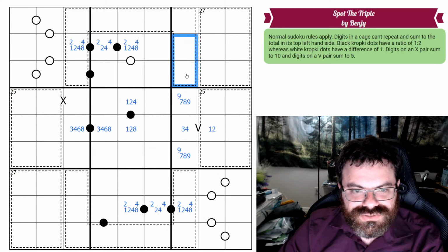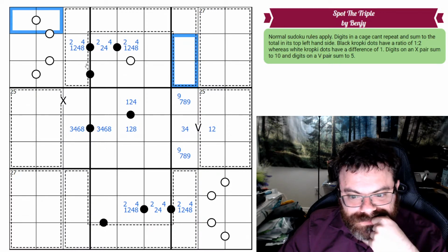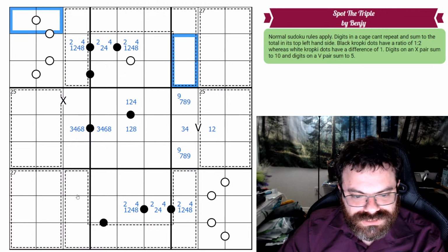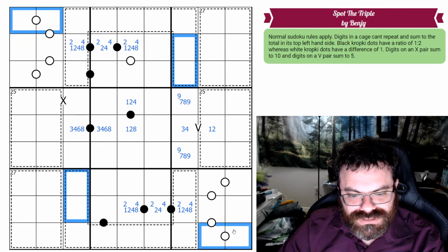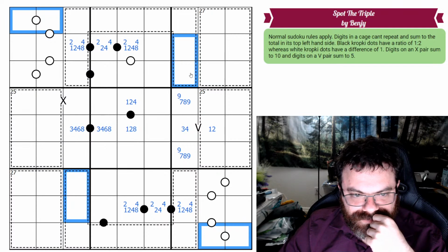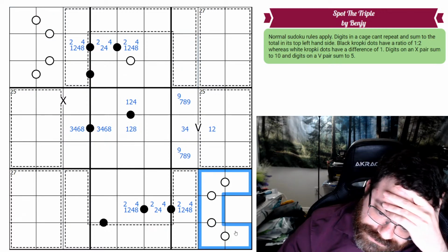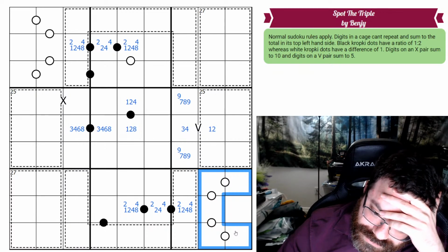That's true. These two cells go here. And these two cells go here. So they're consecutive. Like, all of these are consecutive. What can we actually do here?